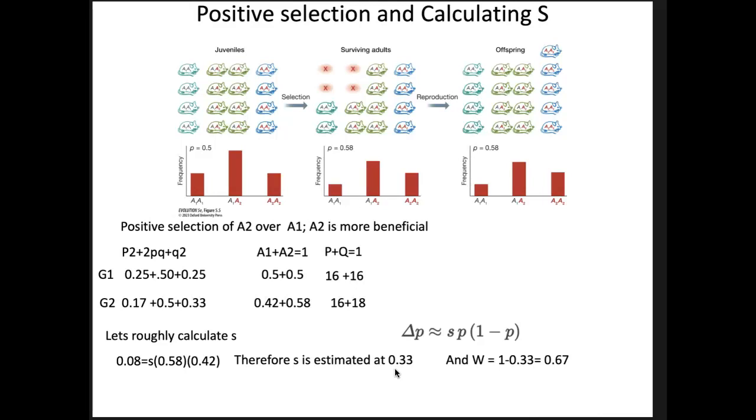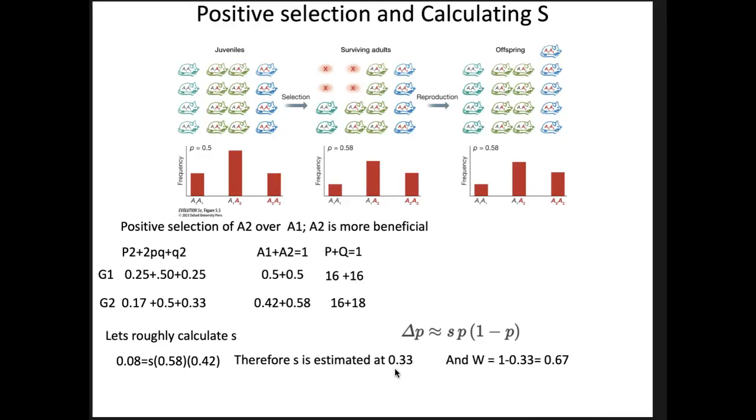In order for us to calculate relative fitness, W, the relative fitness representation, simply equals 1 minus S. And so 1 minus S is 0.67.